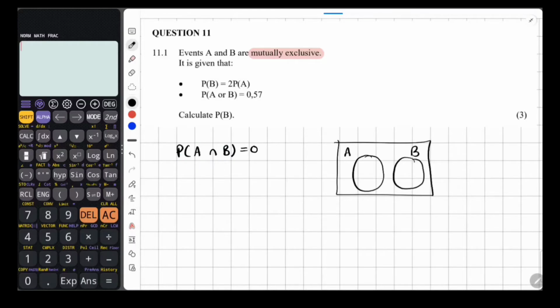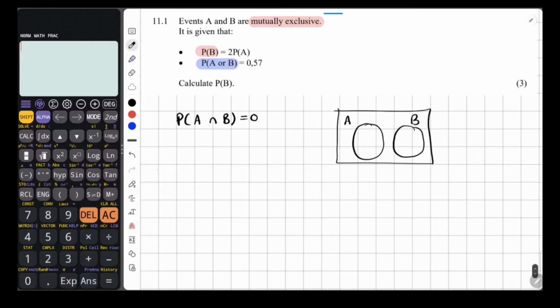Look at the other information they tell us. Apart from telling us the probability of B is 2 times the probability of A, they also tell us about the probability of A or B. So when we are putting these probabilities together, let's see how we would add them. The probability of A or B is equal to the probability of A plus the probability of B minus the intersection, right?